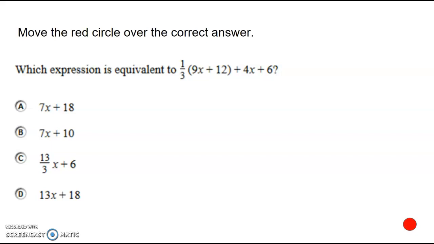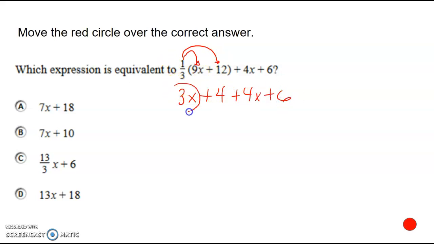Which expression is equivalent to 1/3 times the quantity 9x plus 12 plus 4x plus 6? So I'm going to need to simplify. I'm first going to distribute 1/3 times everything in the parentheses. 1/3 times 9 is going to be 3x. 1/3 of 12 is 4 plus 4x plus 6.